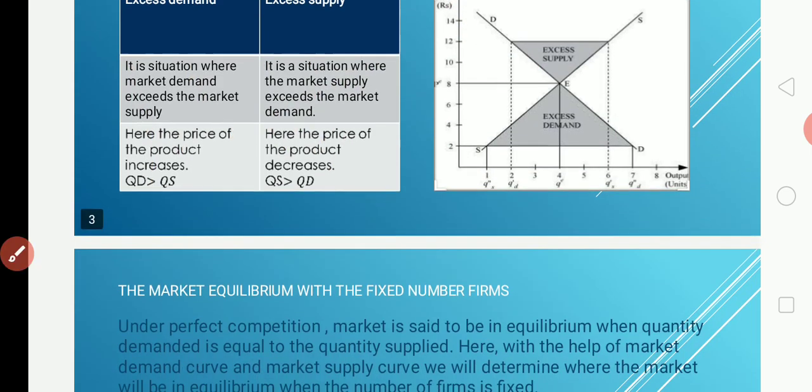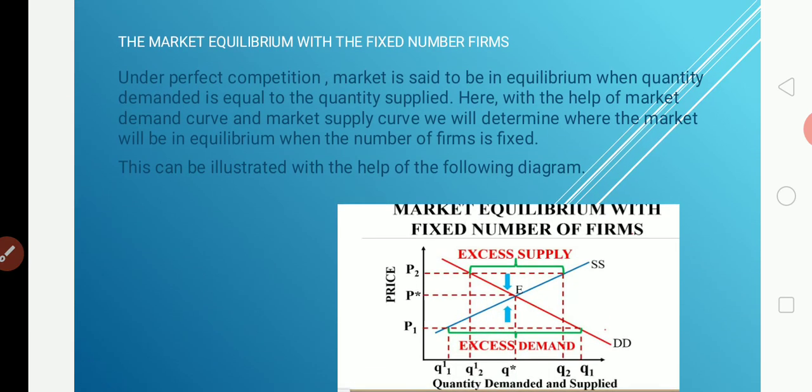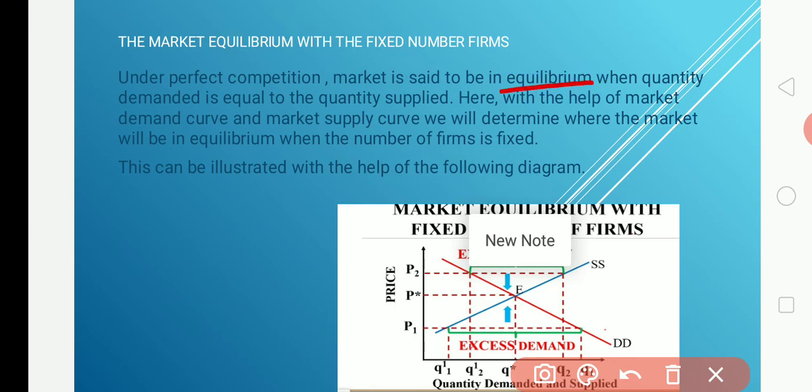Now let us move towards another important concept called market equilibrium with a fixed number of firms. I wanted you all to listen to this carefully. Under perfect competition, the market is said to be in equilibrium when quantity demanded is equal to quantity supplied.